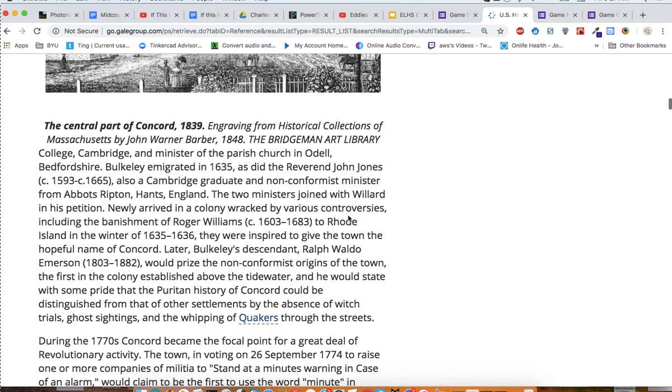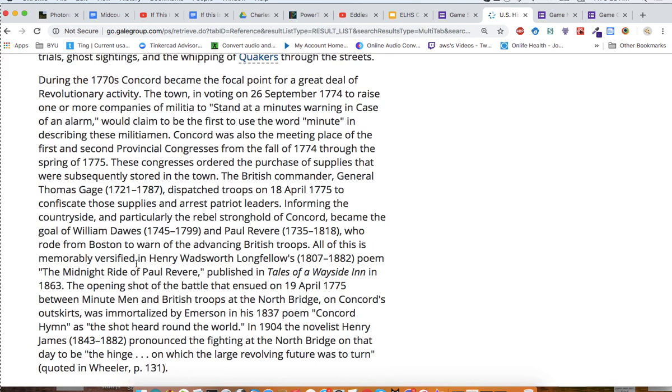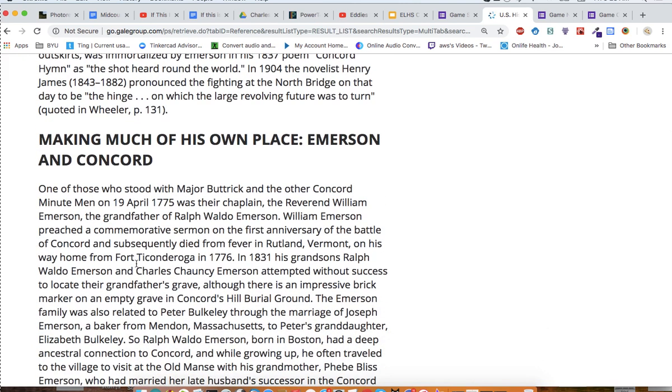So here's the 1800s. This is where we're looking. So the time of Ralph Waldo Emerson, another very famous person, would have spanned that 1870s. That was 1803 to 1882. So let's see what else we have here.